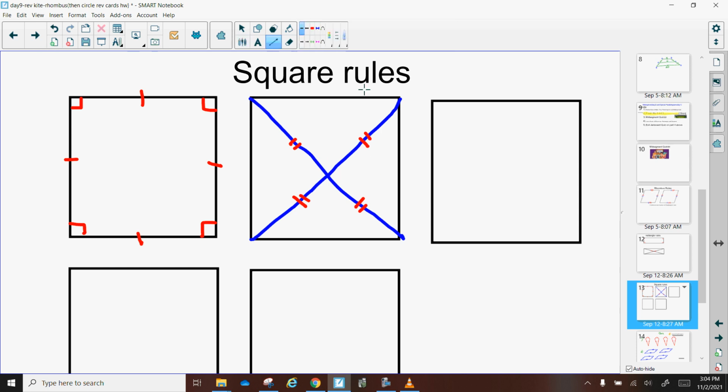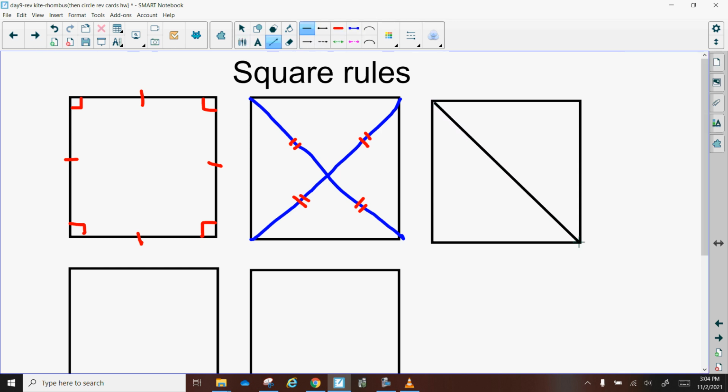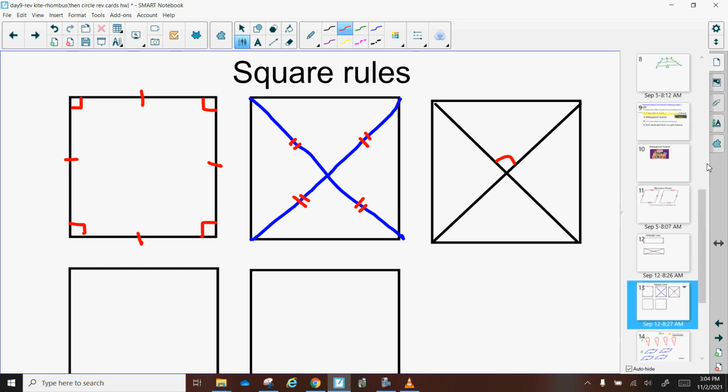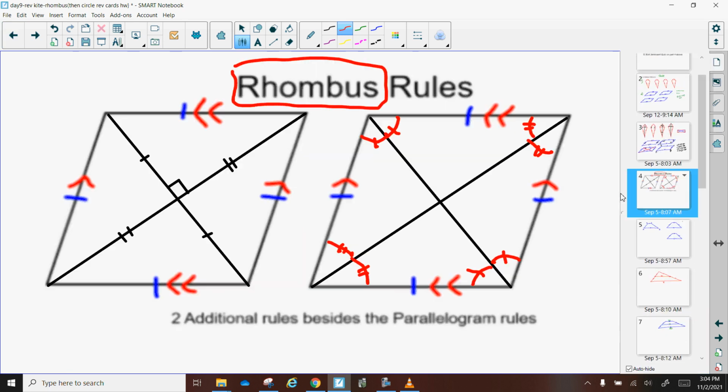Additionally, with these diagonals, when you draw them in, it looks a lot better when I use the line tool. Because a square is a rhombus, these diagonals are also going to be 90 degrees. We did that back here on the rhombus rule; they had 90 degrees, and a square is a rhombus, so it's going to have 90 degrees. And since a square is a rhombus, it's also going to bisect the angles.